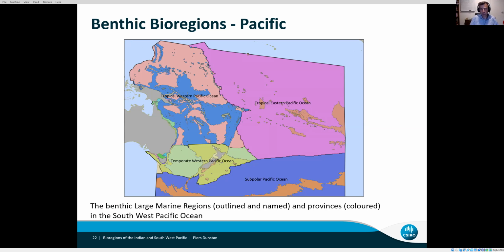But the Pacific shows a very strong gradient from west to east of decreasing biodiversity across a wide range of species, particularly for the species on the continental shelves or the areas above 200 meters. So we're really talking about those tropical corals and fish species.